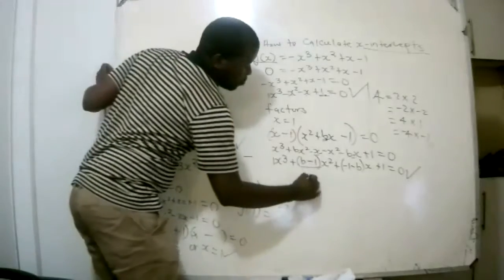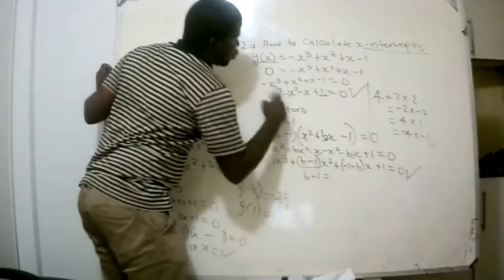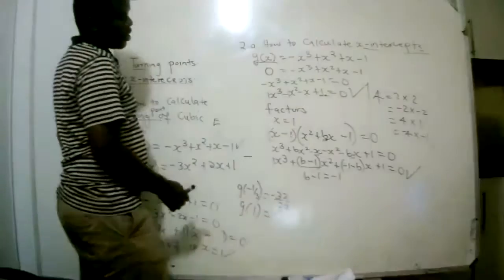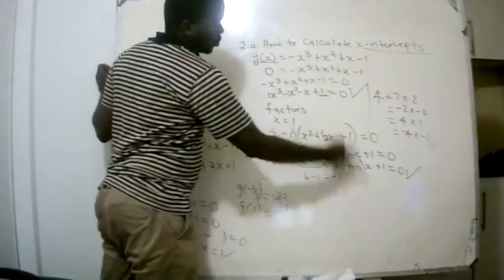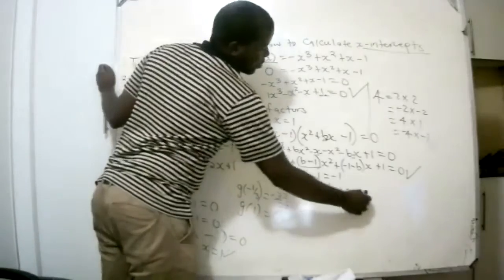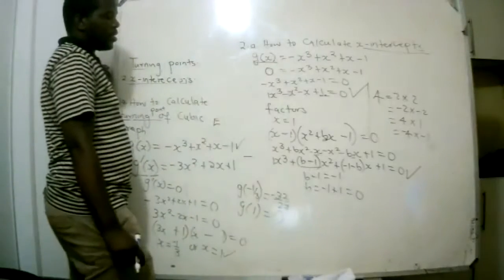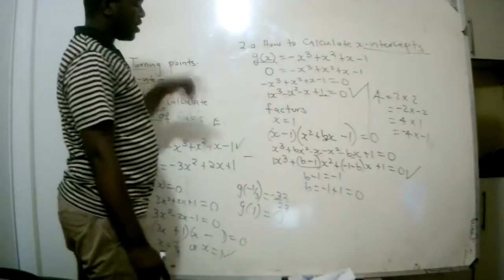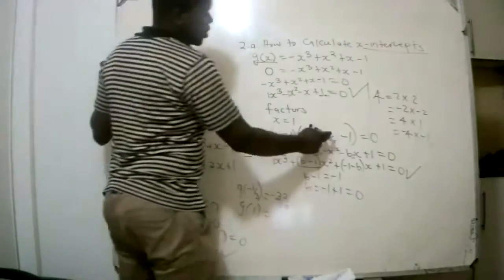So b minus 1 equals -1. Then you take this -1 to the other side, and b is equal to -1 plus 1. By that, you have obtained the value we are looking for. Therefore, b is equal to 0 here.